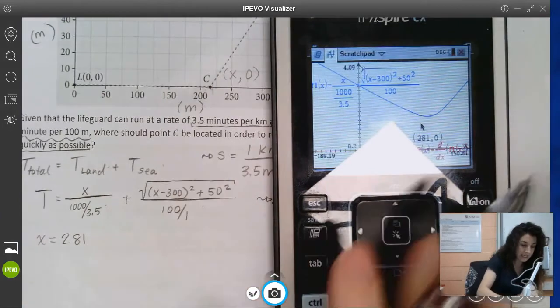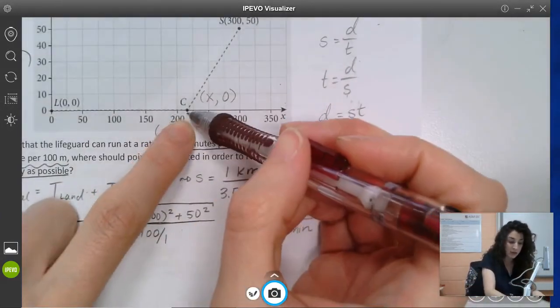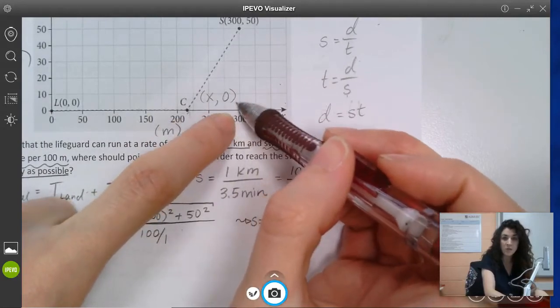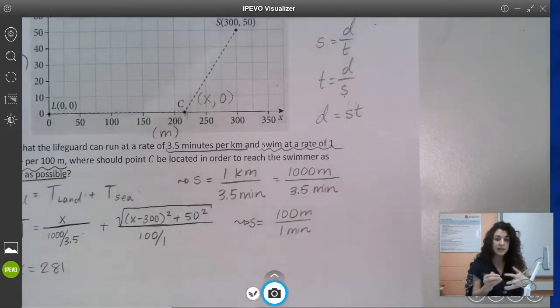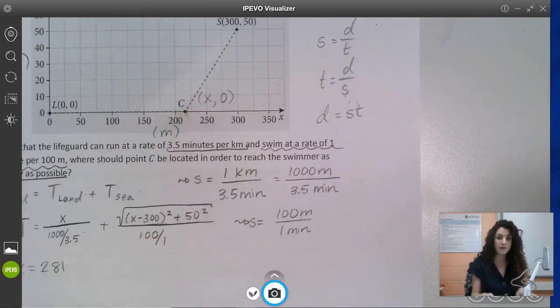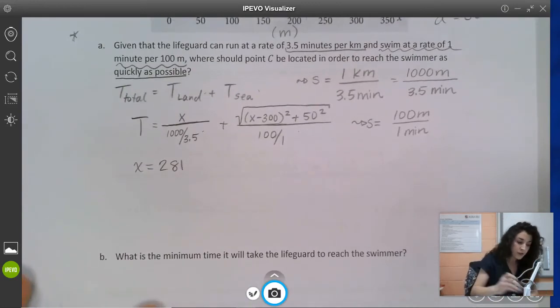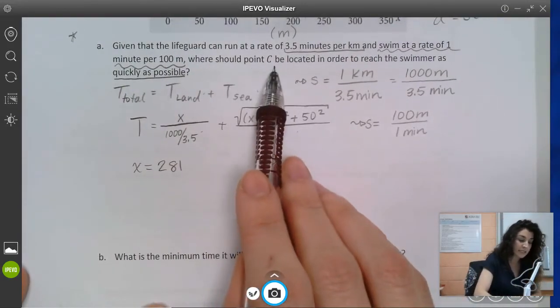Which, hey, is 200 something, but C is not in the appropriate place, right? C at 281 should be over here. So just realize that C was representing the idea of this point that's on the x-axis, but since you didn't know exactly where that point is, you can't assume that that is actually where the point is on the graph. So just be very careful about that. So it just says, where should point C be located?